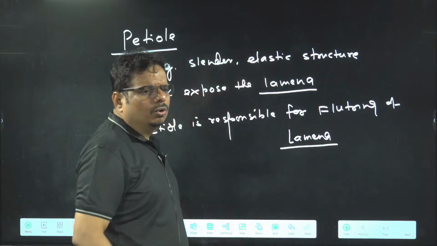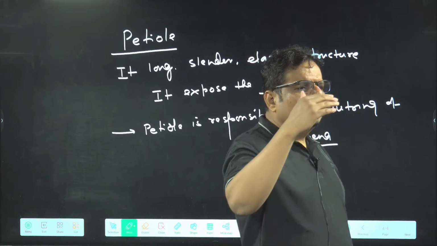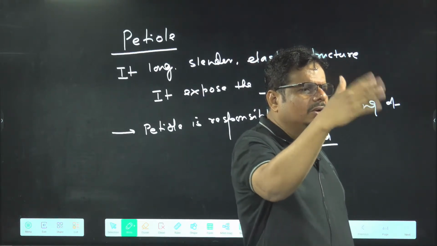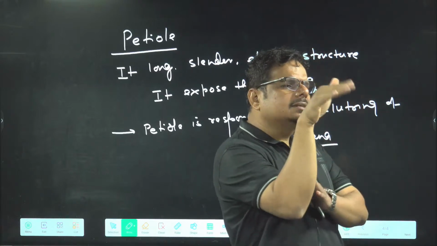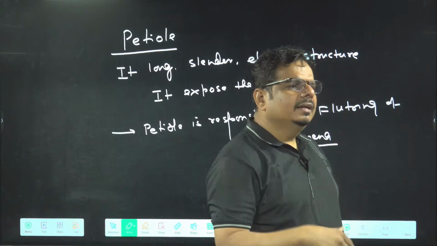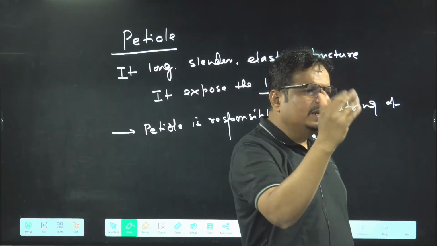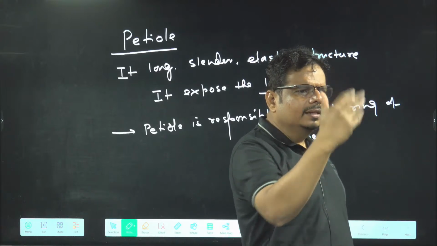When wind blows, what happens? You find the lamina going to flutter like this. It flutters like this or not? So how can it flutter? Because petiole is long and flexible, so fluttering occurs. And this fluttering causes what? What is the benefit of this fluttering of the leaf blade? It flutters like this, no? It is called fluttering.